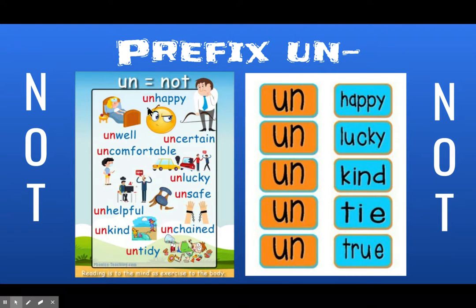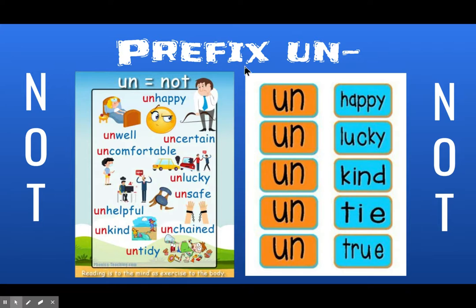Happy: we have unhappy, not happy; unwell, not well; uncertain, not certain about something, unsure; uncomfortable, no longer comfortable; unlucky, not lucky; unsafe, not safe; unhelpful, not helpful; unkind, not kind; unchained, not chained up any longer; and untidy, very dirty because you're not tidy.